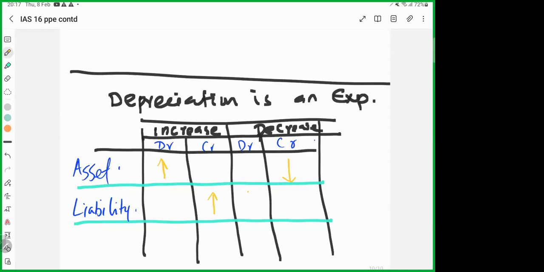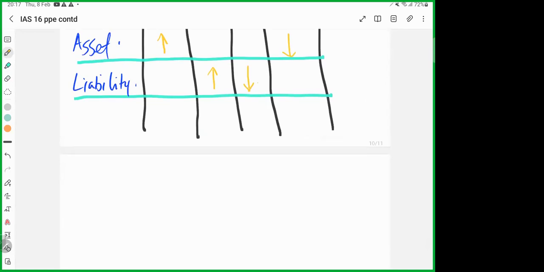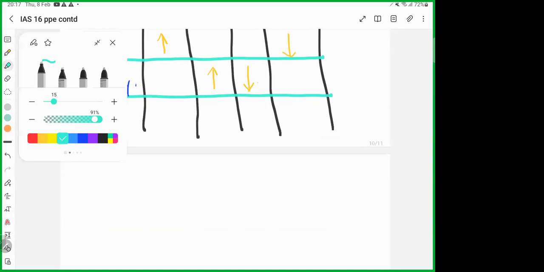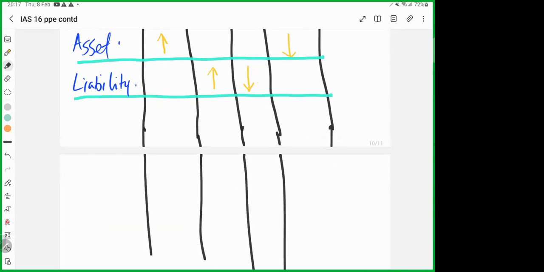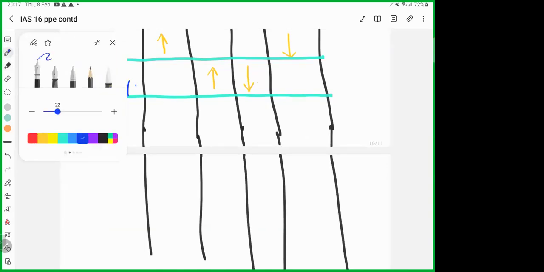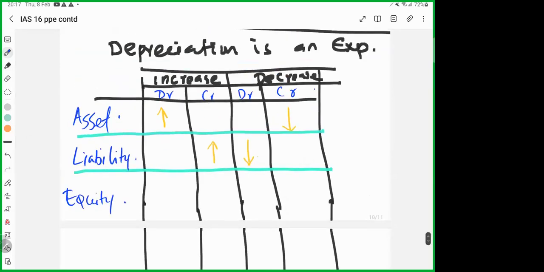When the liability decreases, I should debit. Equity is the same as liability.